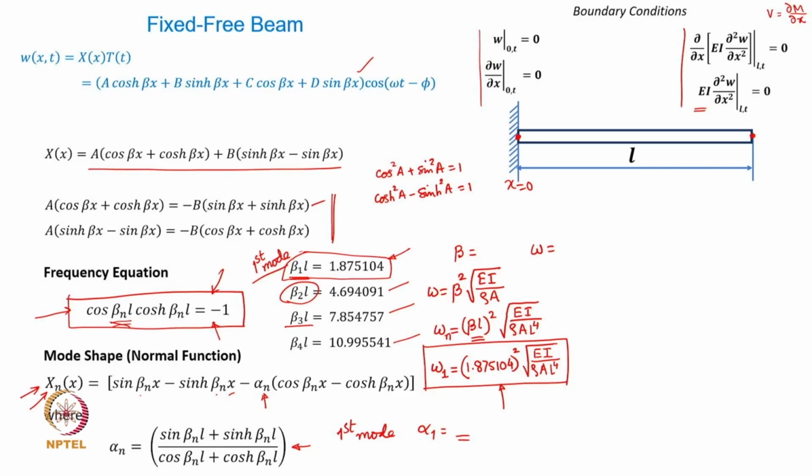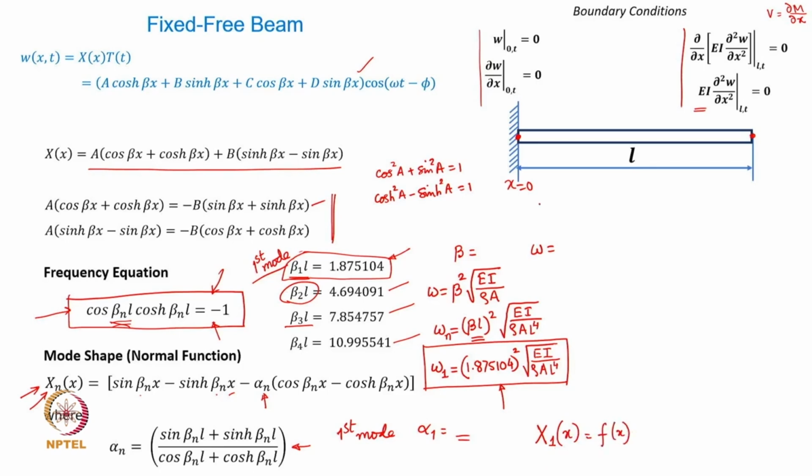So supposing starting from x equal to 0 onwards up to x equal to L, you can get the capital X. If you are trying to find out for the first mode, this is going to be capital X of x for the first mode, and that will of course be a function of x.